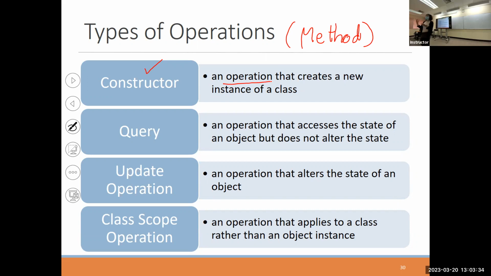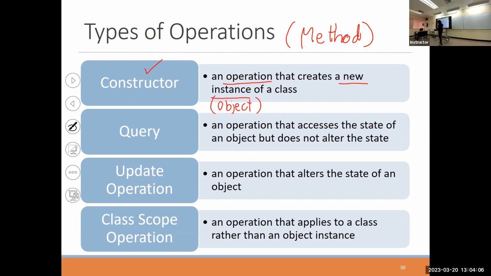I would like to develop a new course on something. Okay, I create a new course using the constructor operation or method. Maybe a new student enrolls in our department. Okay, I would create a new student in the software, right? I cannot create you in the real world. I create you in the software. So it creates a new instance, meaning that this is an object.